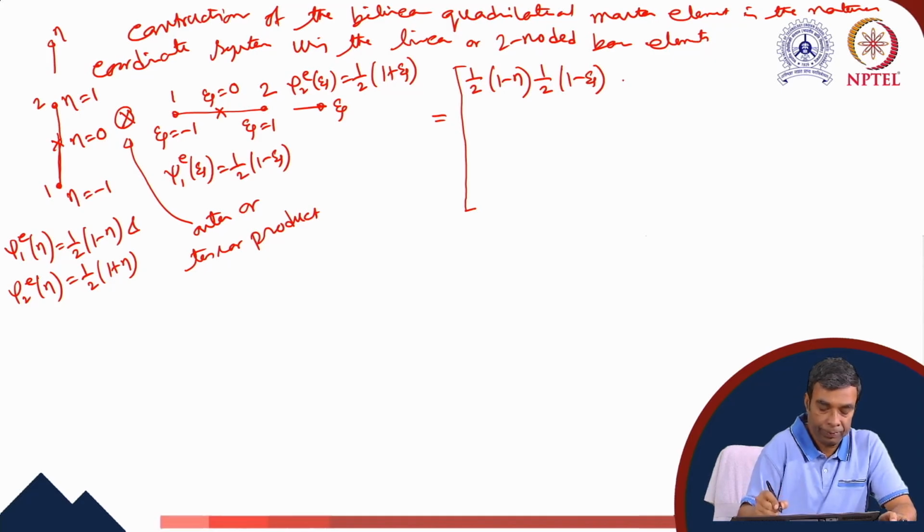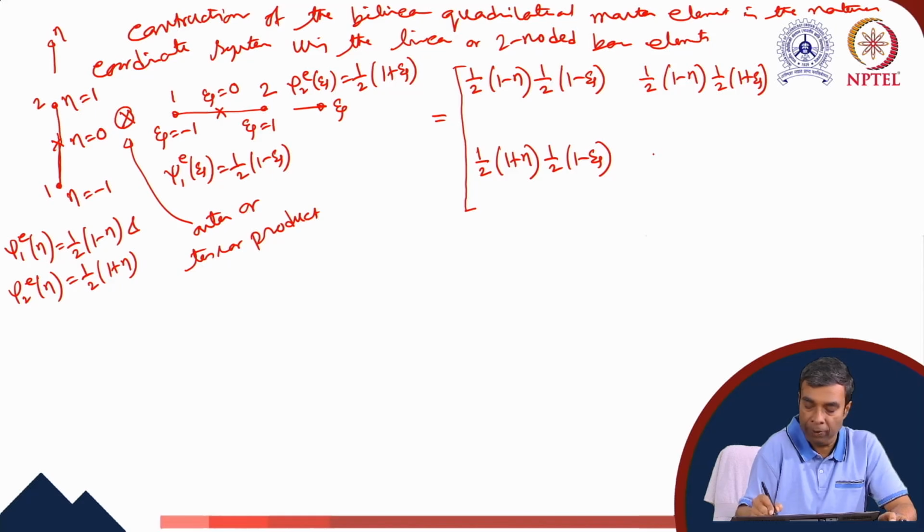So this is half of 1 minus eta into half of 1 plus xi. Next we have second row, first column. Then we have half of 1 plus eta into half of 1 minus xi, and finally we have the second row, second column. So half of 1 plus eta into half of 1 plus xi.